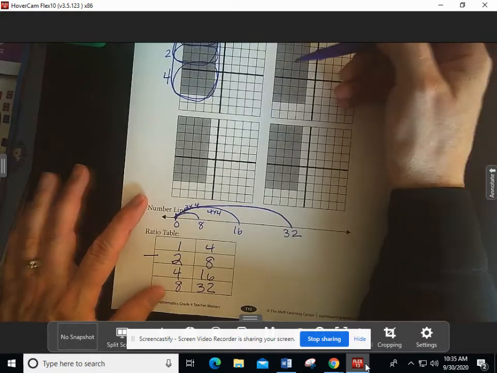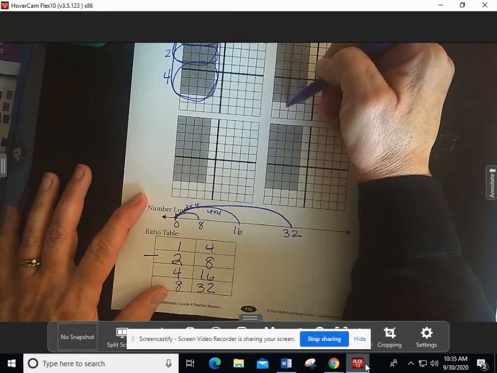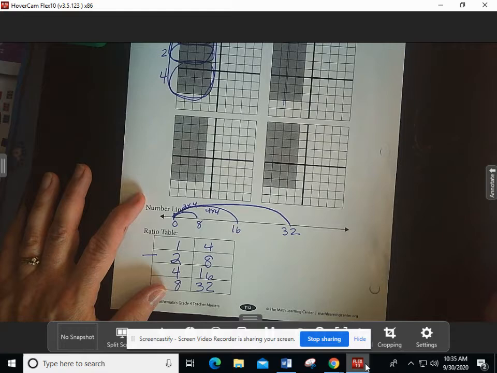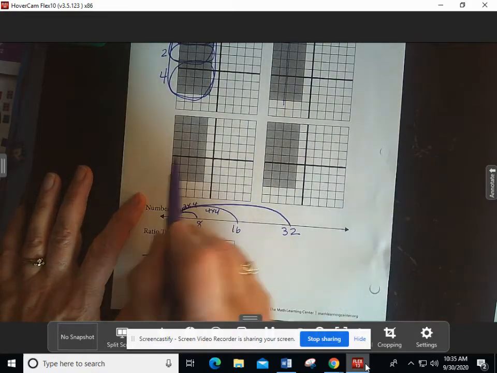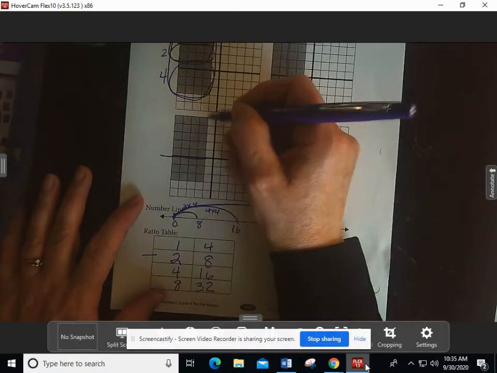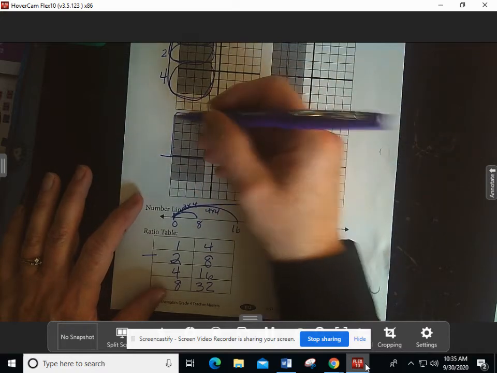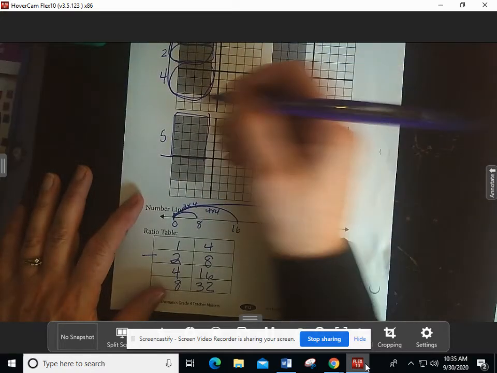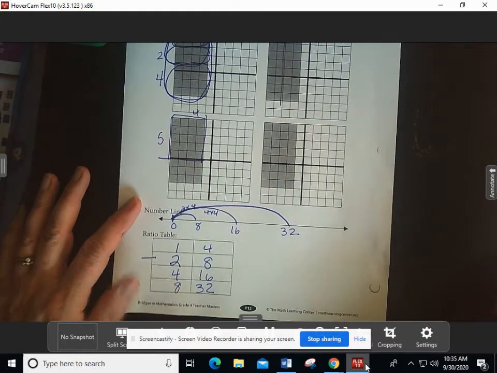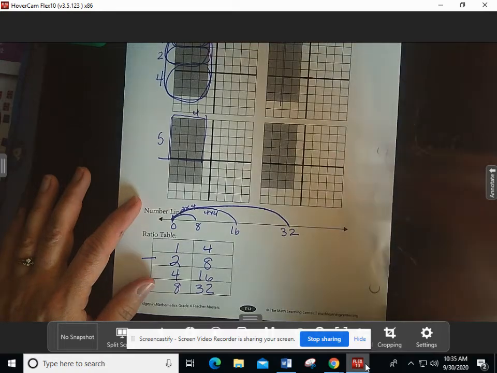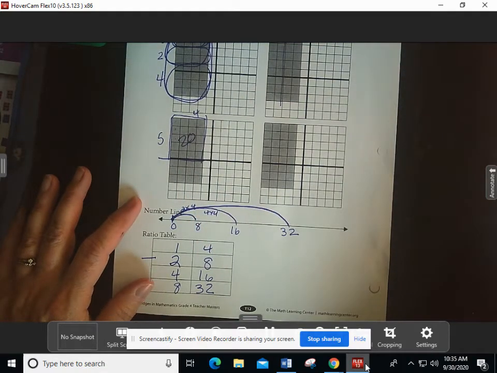Some people might look at this and might want to just divide it down the middle like this. Some of you might see this 5 group. Look at this 5 group. 1, 2, 3, 4, 5 times 4. What's 5 times 4? 20. Our 5 facts, they're so easy.